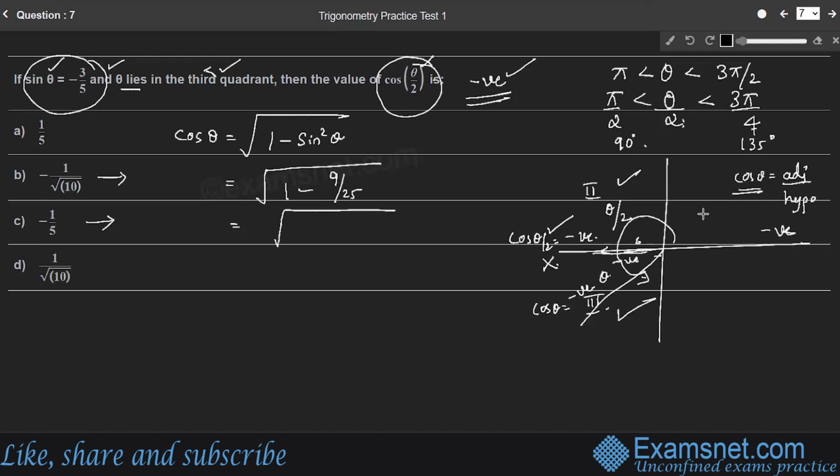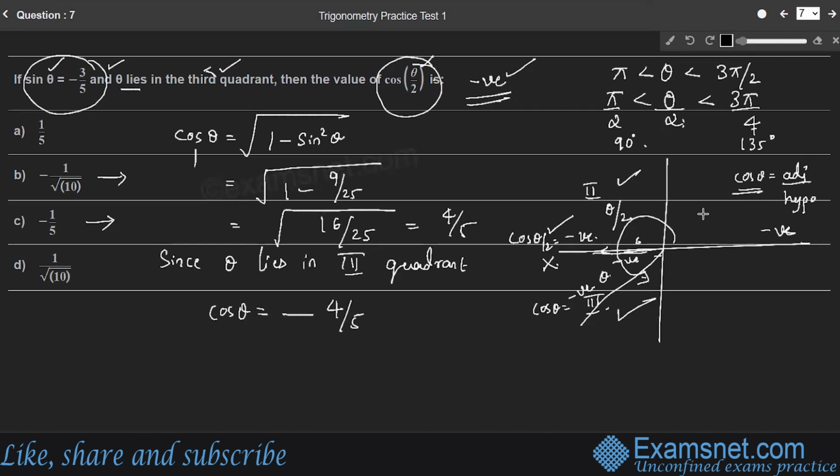So root of 16 by 25. Since cos theta is negative, because theta lies in the third quadrant, cos theta becomes minus of root of 16 by 25, which is 4 by 5, so minus 4 by 5.